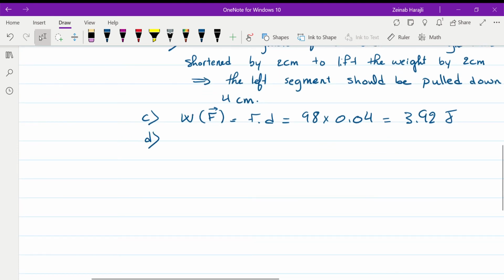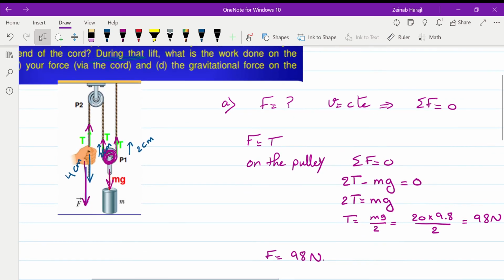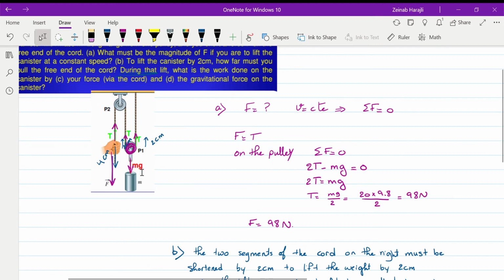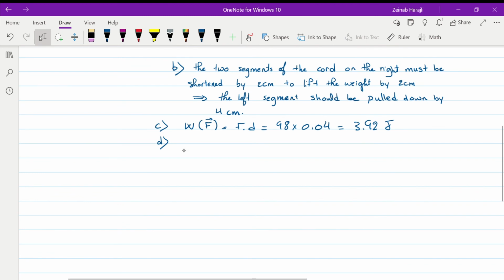Part D, we want to find the work done by gravity on the canister. So the work done by gravity is also the force itself times the displacement, which is mg times d.